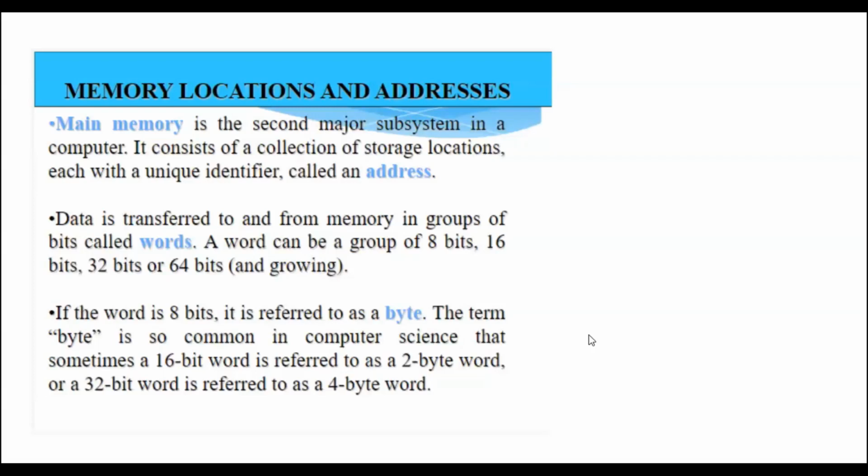A word can be a group of 8 bits, 16 bits, 32 bits, or 64 bits and growing. If the word is 8 bits, it is referred to as a byte. The term byte is so common in computer science that sometimes a 16-bit word is referred to as a 2-byte word, or a 32-bit word is referred to as a 4-byte word.